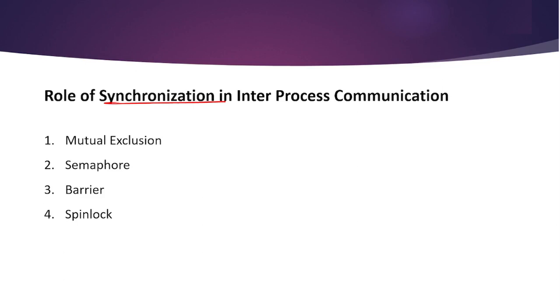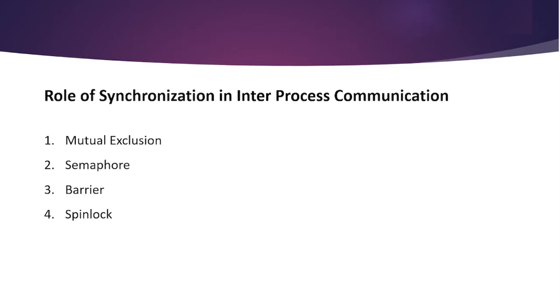So we will start with the first point, that is mutual exclusion. So what is the meaning of mutual exclusion? Students, before moving to mutual exclusion, I would like to tell you about two important terms that you will hear in upcoming lectures.